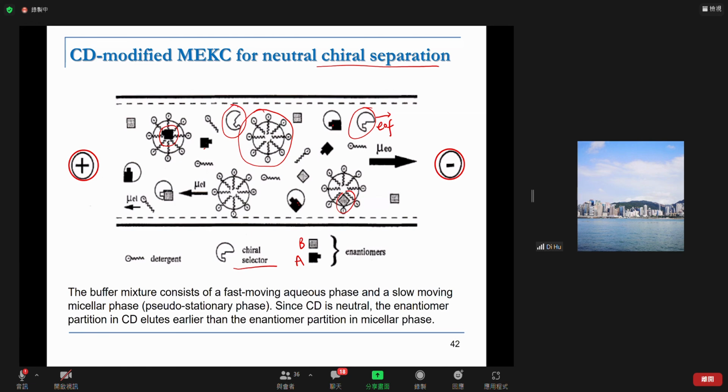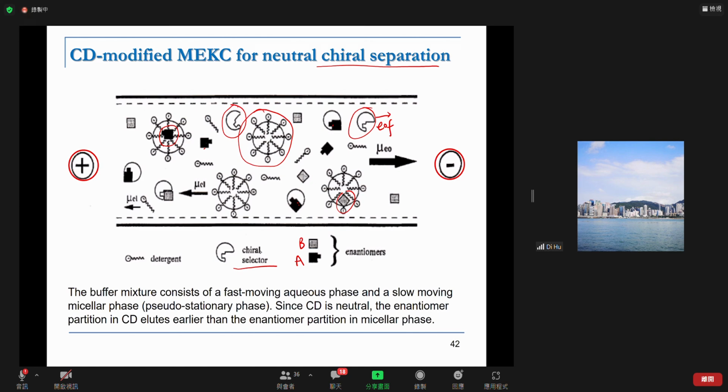A comes out first because now it's in the CD, which is the neutral species that goes out together with the EOF. And B is now in the micelle, so it comes out later. So this is how the neutral chiral species get separated.